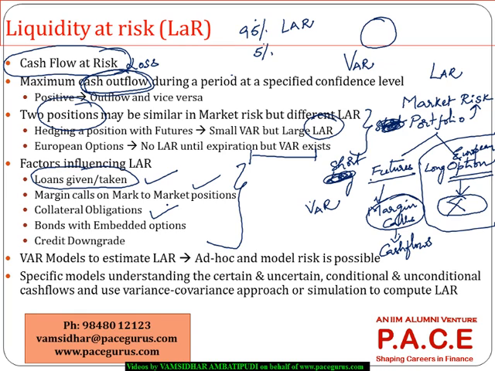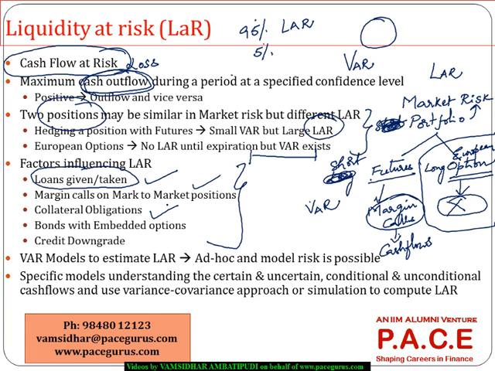So how do I compute this? Sometimes people start with the existing VAR models itself, make some kind of adjustments like endogenous spread based or exogenous spread based. Some kind of adjustments are made to the VAR to finally compute your liquidity at risk. But this could be an ad hoc process, and this might bring in some kind of model risk into the model because of the wrong usage of the model.